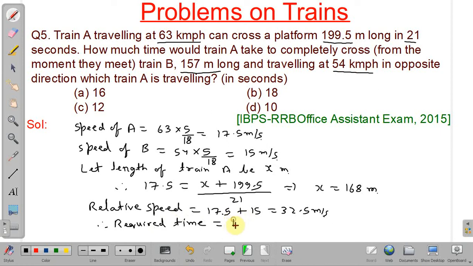So train A length we have calculated 168 plus second train length is given as 157 meter divided by relative speed which is 32.5 meter per second. So this will give 325 by 32.5 second, and it will be equal to 10 seconds. So our answer will be option number D.